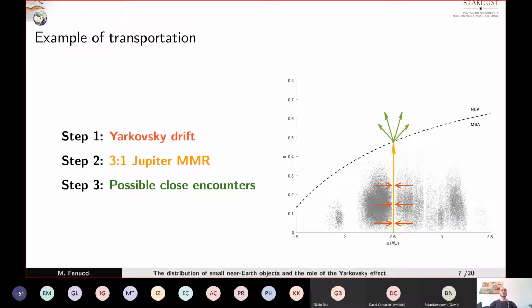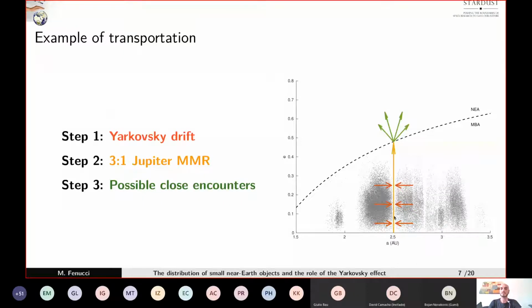Here we can see an example of transportation. Let's suppose we take an asteroid on the left-hand side of the 3-to-1 Jupiter mean motion resonance, and let's suppose that the rotation is prograde. This object suffers the Yarkovsky drift, and the drift is positive, so this object is moving to the right in this plot, and eventually it arrives at the 3-to-1 Jupiter mean motion resonance at 2.5 astronomical units.